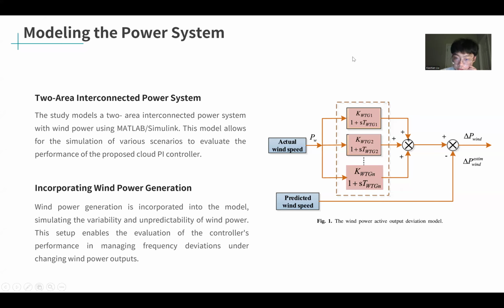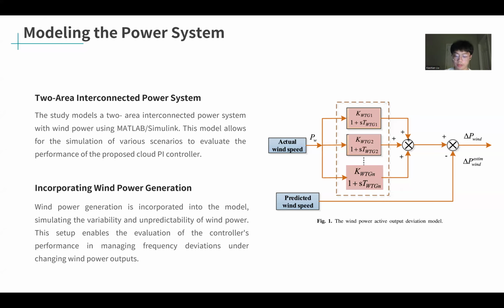As you can see here, the actual wind speed is the measured wind speed at the location of the wind turbines. And the predicted wind speed is the wind speed forecast or estimate based on weather models.